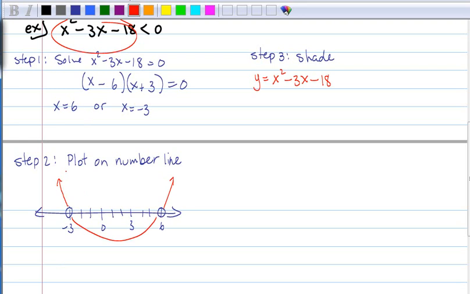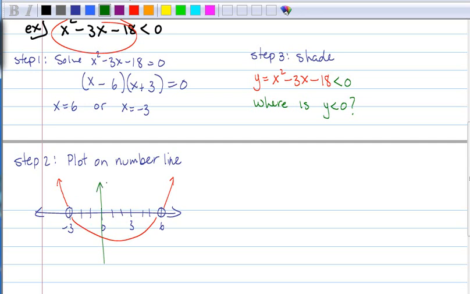Now I'm looking for when they are less than 0. Where is y less than 0? So again, if I check 7, I realize that's positive, doesn't work. If I check anything in between, like a 3, that is a negative value.